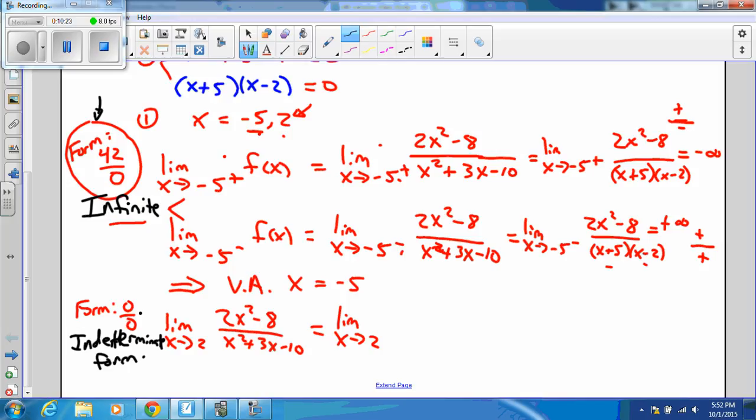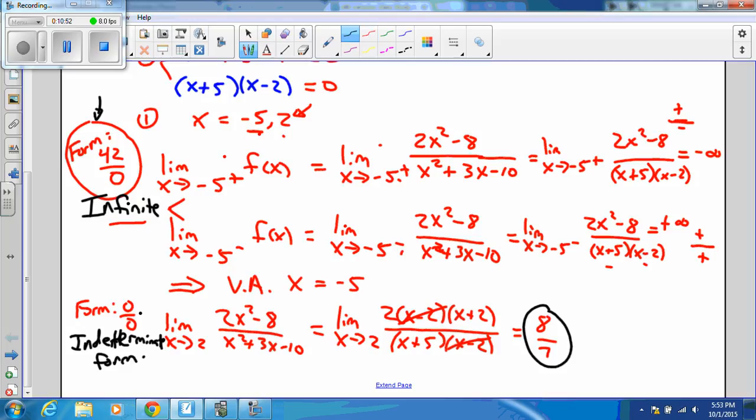If I see an indeterminate form, that tells me common factor. And so I go and I find that common factor. And lo and behold, the top factor is 2 times x minus 2 times x plus 2. And of course, the bottom we've already factored, like so. And the common factor of x minus 2 cancels out. And now I can let x go to 2, and I get the value of 8 over 7.